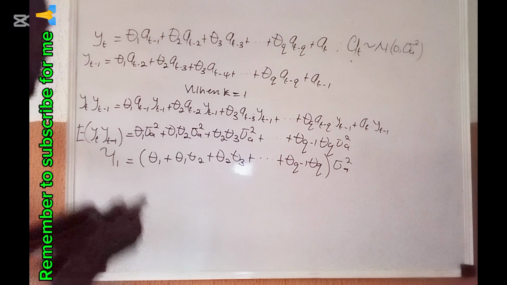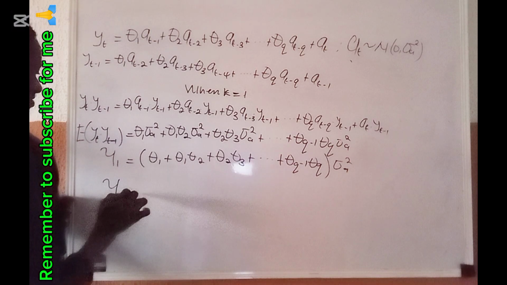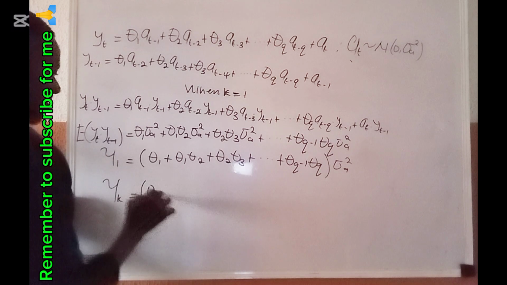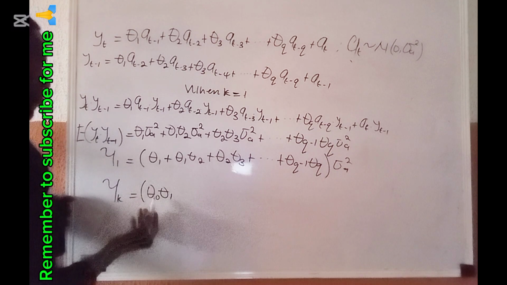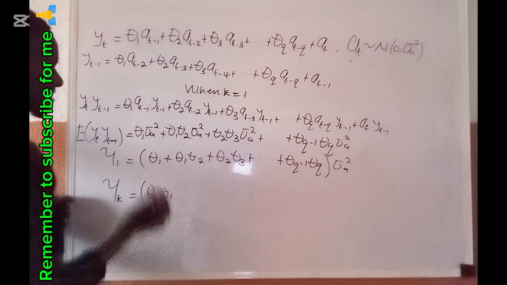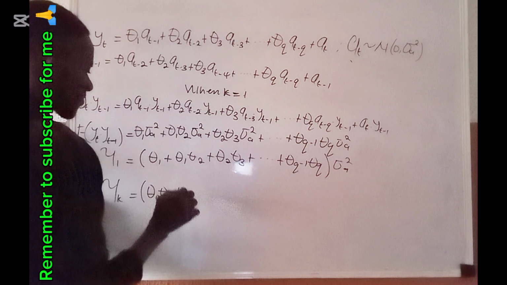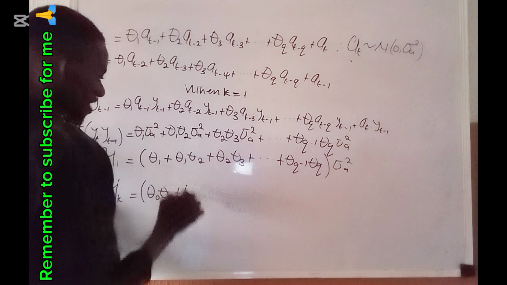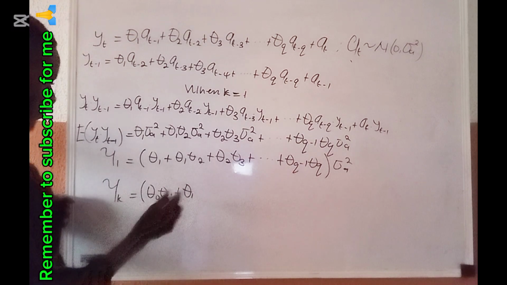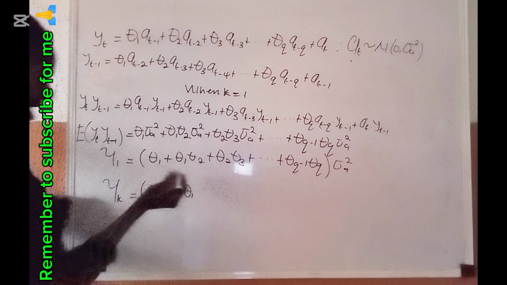So we are going to now look at this and be able to generalize the autocovariance at lag k. So if it is now going to be autocovariance at lag k, you have that gamma k will be given as, you open a bracket, you have theta 0, theta 1, where of course this theta 0 is 1, such that if it multiplies this theta 0, so theta 1, we can come back to here. So we have plus theta 1, theta k here.